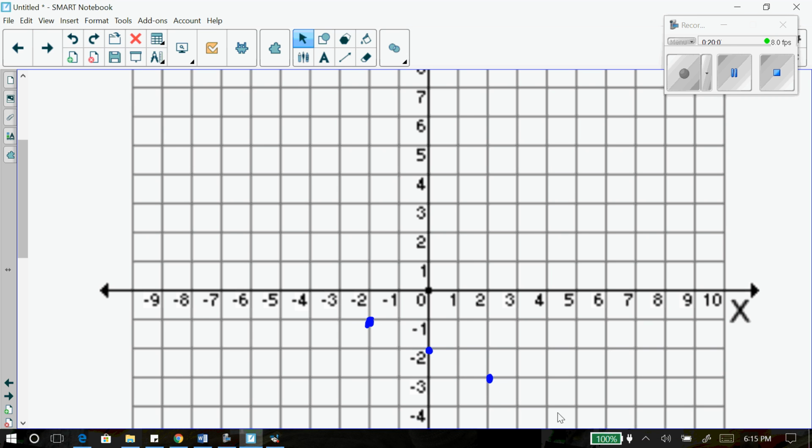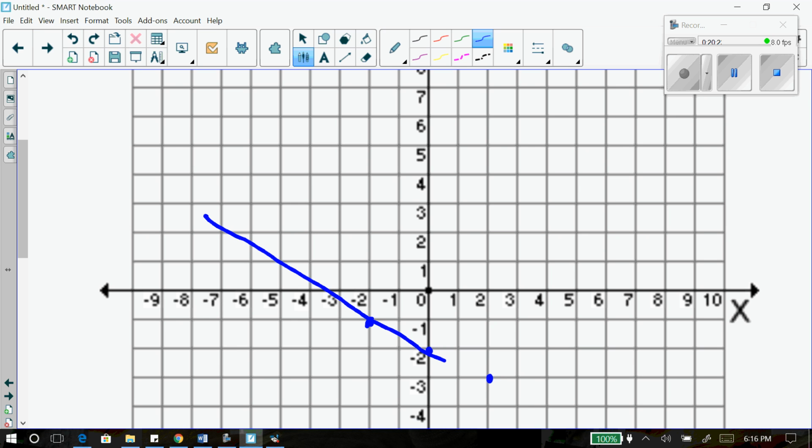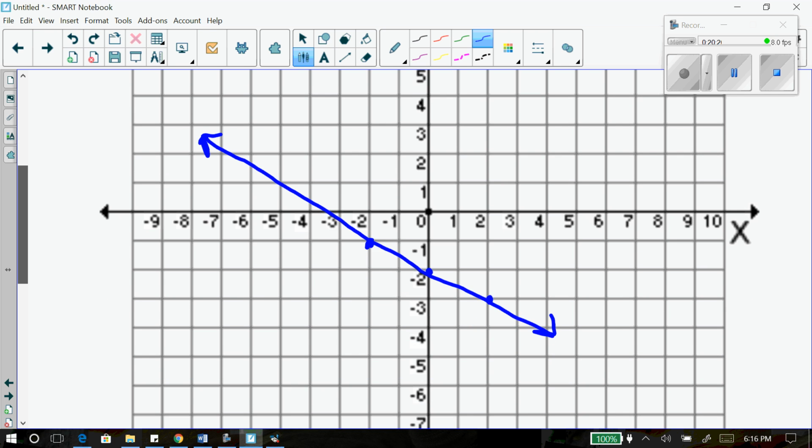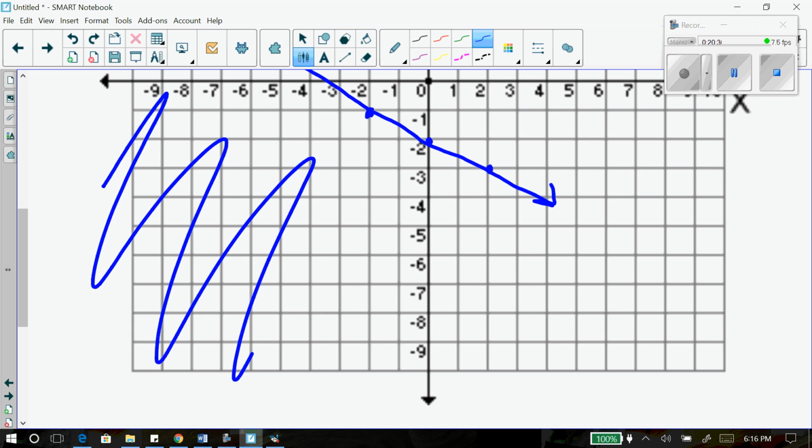All right. And we said that it was less than. So in that case, let's see. I'm just going to draw mine in. All right, there's my line. It's less than, so that means shading goes below. All below.